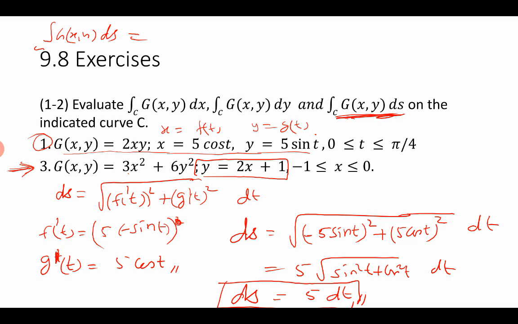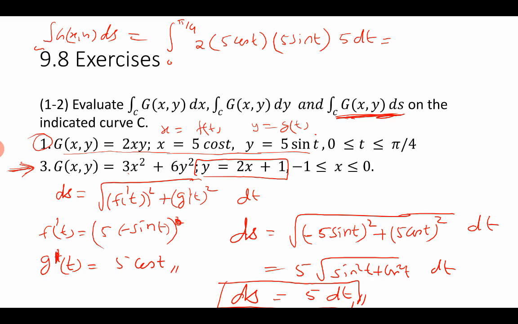Third part. What is it? ds. So the integral from 0 to pi over 4, the limits of t, and 2 times x, 5 cosine t, 5 sine t, and ds is 5 dt.